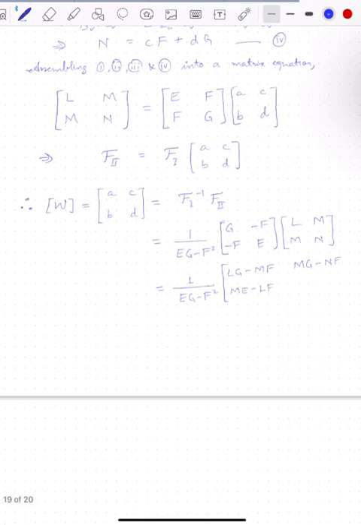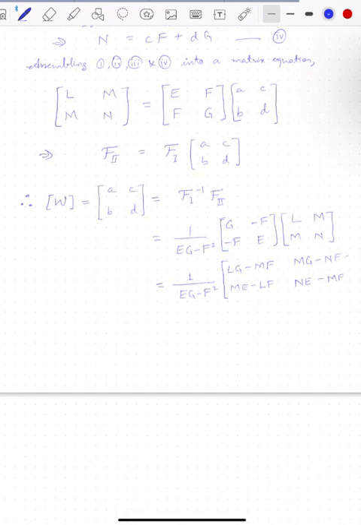And likewise, NE minus MF. Right? So we have been able to get the expression for A, B, C, D.